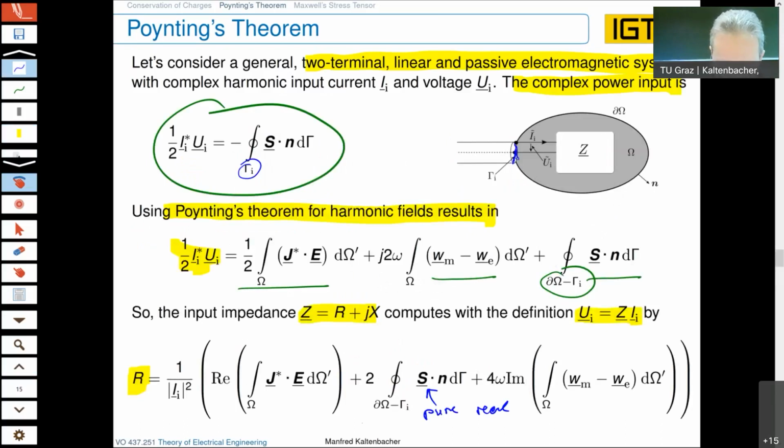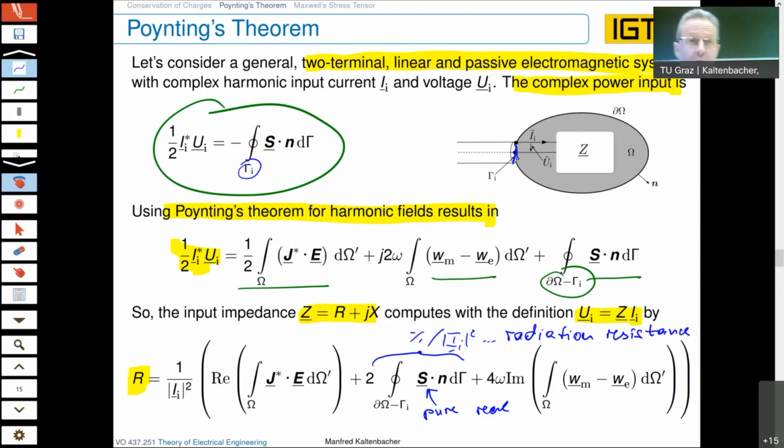But we call then this part we have here, so perhaps I write it: this part divided by the absolute value of the input current squared is the radiation resistance. And as I already write resistance, you see it is a pure real part.